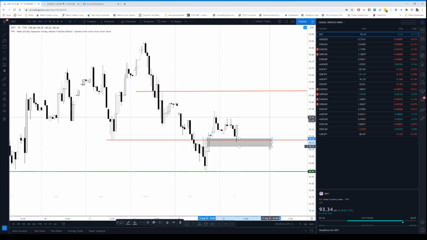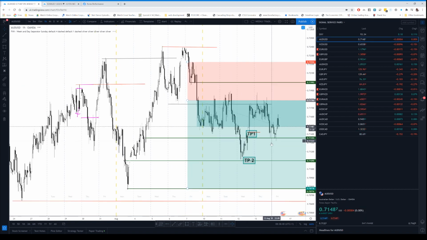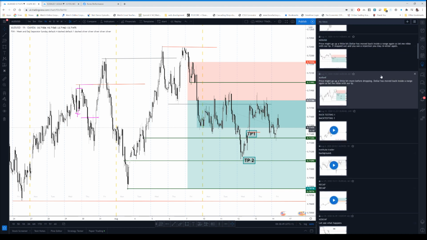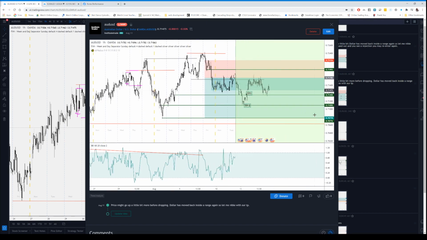So let's carry on. I know we already have a short on this one, and I think we did hit a TP1. Let me double check. I think we, no, not this one.